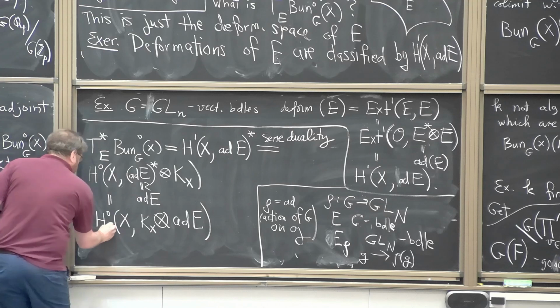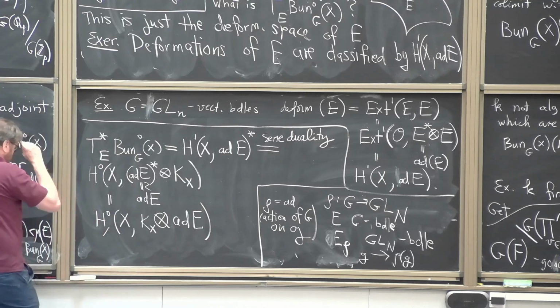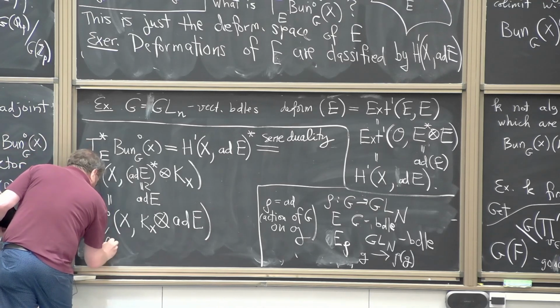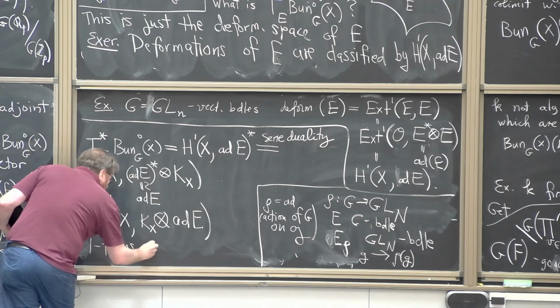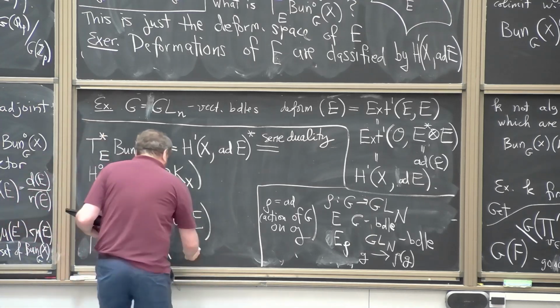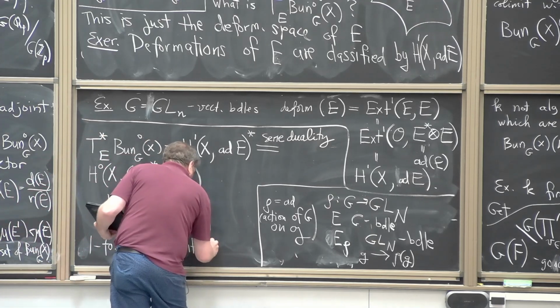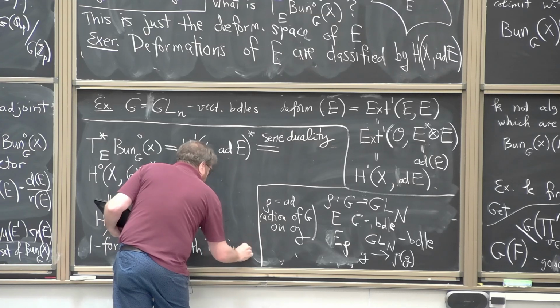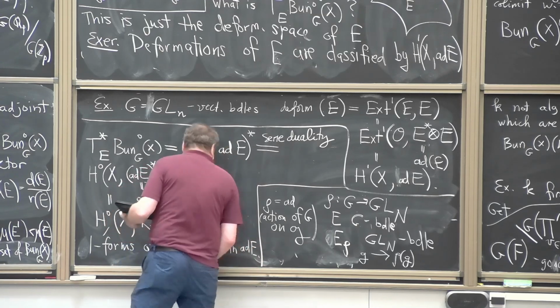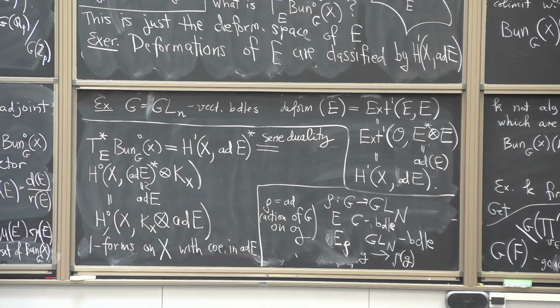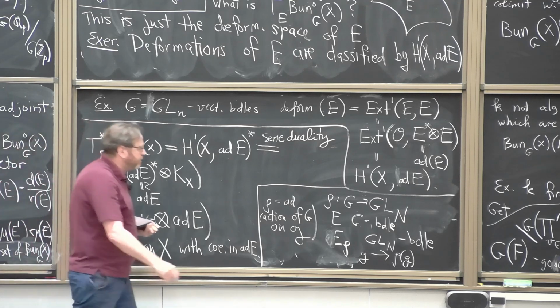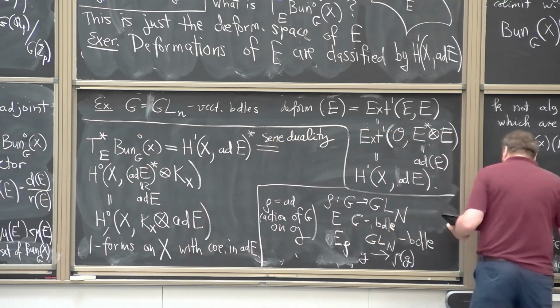And so what is this? This has a very vivid geometric interpretation. These are one forms on X, holomorphic one forms on X with coefficients in the adjoint bundle. So as objects on X, they are one forms, but they are valued also in the adjoint bundle.